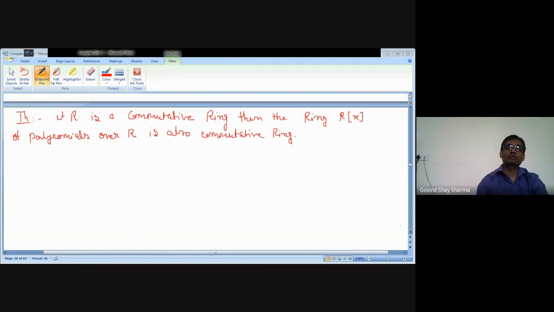If R is a commutative ring, then the ring R[x] of polynomials over R is also a commutative ring. So let me start the proof.